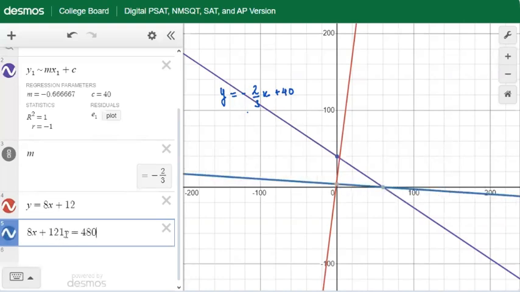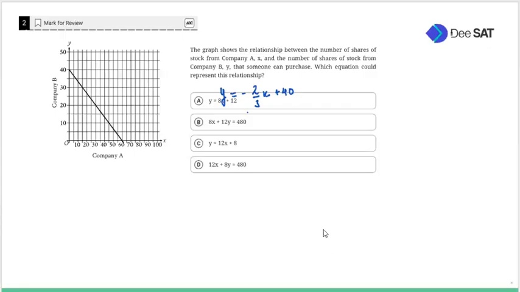Oh, my bad, it's 12y. Yeah. So we'll see that this line is exactly meeting with the line that we have plotted. So definitely option number B will be the correct answer in this case. No need to check further lines.